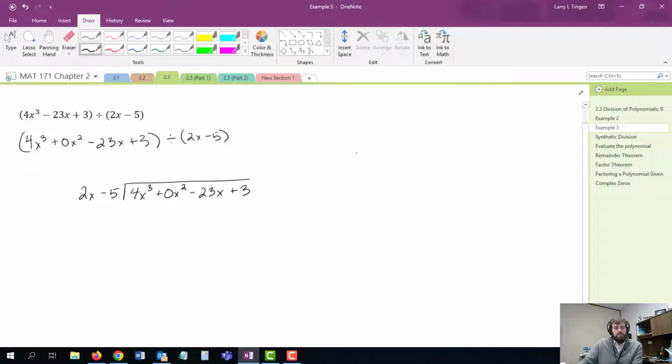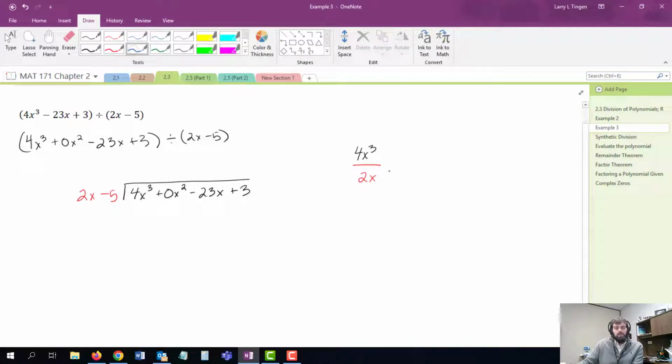So, leading term, and tell you what, let's make the divisor red. That might help. 2x minus 5. So leading term of the dividend, leading term of the divisor, and divide them.